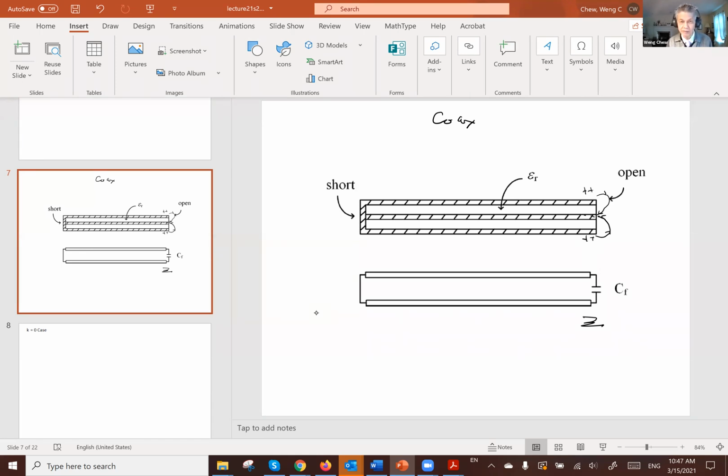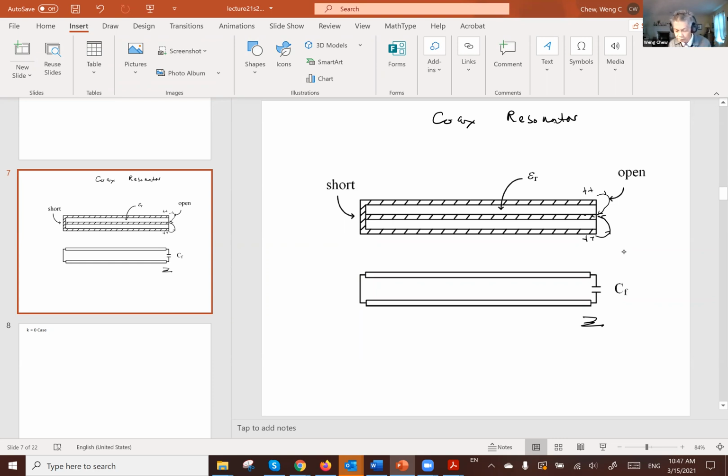Okay, one way you can make a resonator is to short it at the other end with a metal short, and then you just leave this other side open. Okay. However, if you were to make such a transmission line resonator, this is the coax resonator.